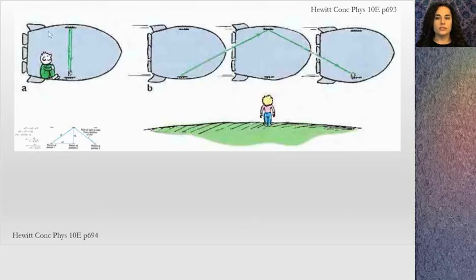What this is, is a person who's sitting in a spaceship, and you can see that there's a spaceship, and we can imagine that the spaceship is going pretty fast. I'll put 80% of the speed of light here. And the person in the spaceship shoots a light to a mirror and back again. The light travels up and then back, and the person in the spaceship sees the light travel that path, just straight across and back again.